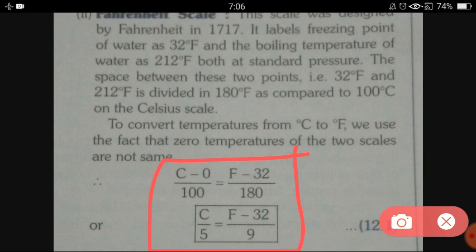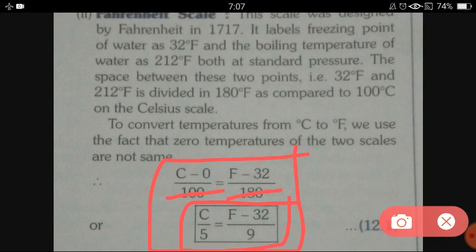Or if we divide by 20, 100 becomes 5 and 180 becomes 9, so we get C upon 5 equals (F minus 32) upon 9. We use this formula to convert centigrade into Fahrenheit or Fahrenheit into centigrade.